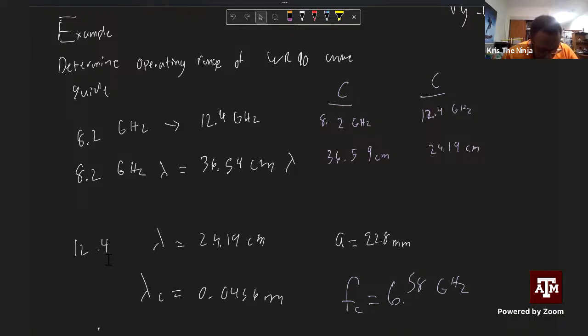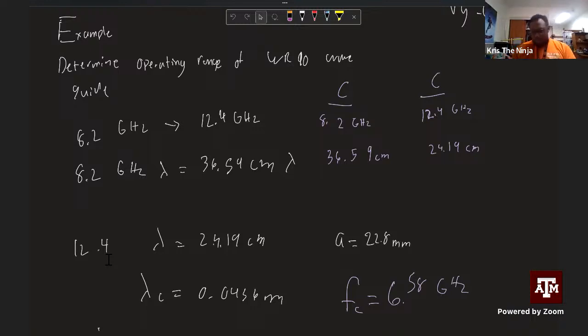Wait, no. So lambda G at 8.2 gigahertz would be 36.59 centimeters divided by the square root of 1 minus 36.59 centimeters over 45.6 centimeters, that value squared.